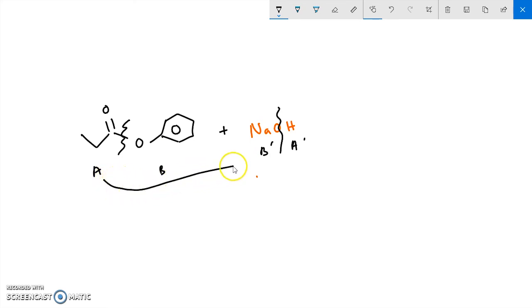Again, for any nucleophilic substitution of a carboxylic acid derivative, we're going to switch the partner. So the A goes with the B prime, while the A prime goes to the B, resulting in the 3 carbons of the carbonyl compound attached to O and A. Again, we attach the carbon to the location where the bonding is broken.